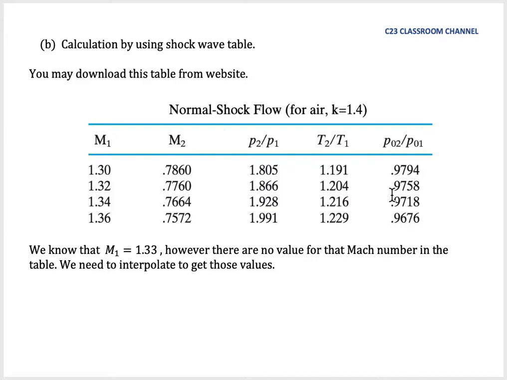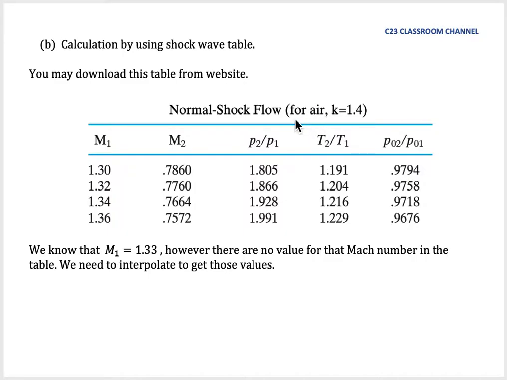And now we would calculate the same question by using table. You could download this table from my website. Please be careful because we have two tables. One is isentropic table and another one is normal shock table. In normal shock table, again, please be careful because this table is created depending on the medium.